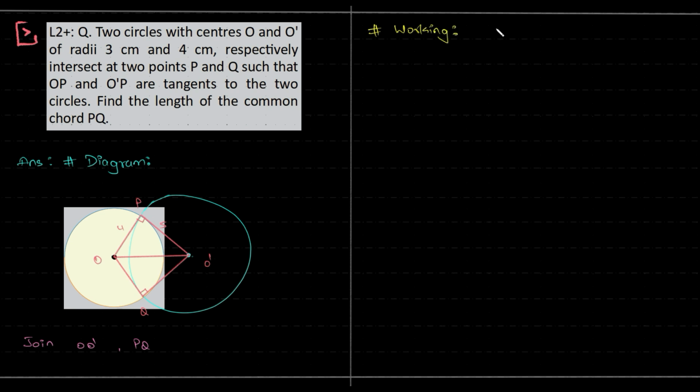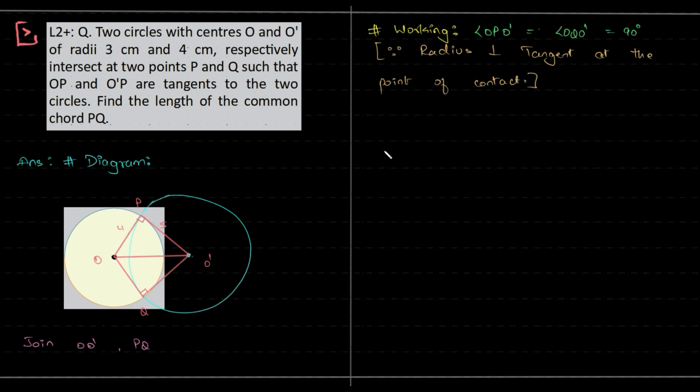So what do we have? We have angle OPO dash equal to angle OQO dash, both equal to 90 degree. The reason being, radius is perpendicular to tangent at the point of contact.